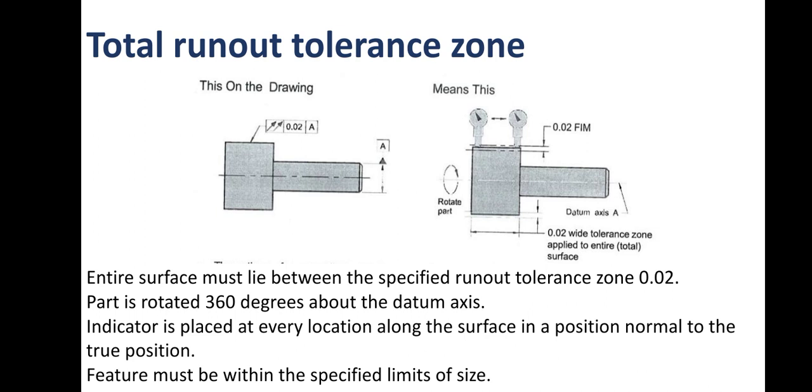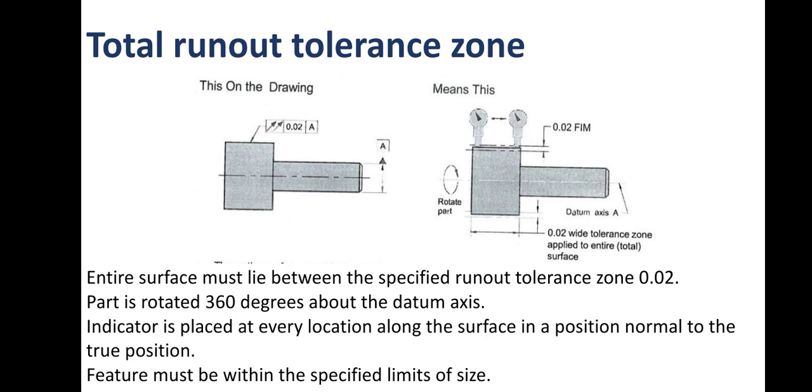Then again there is a 0.02 wide tolerance zone applied to the entire surface. The entire surface must lie between the specified runout tolerance zone 0.02.